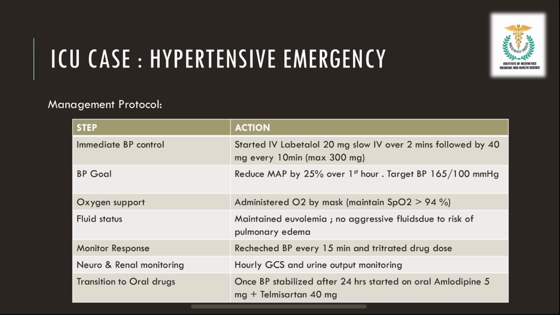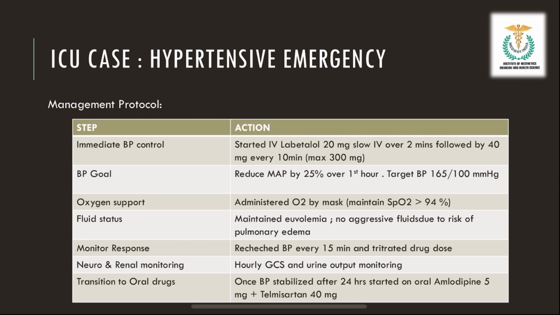And oxygen support is given by mask. Hypoxia can injure organs, so always support with oxygen. Fluid status: avoid overhydration. Patient is at risk of pulmonary edema, so you have to maintain euvolemia, no aggressive fluids.